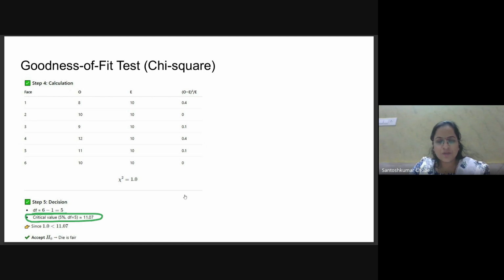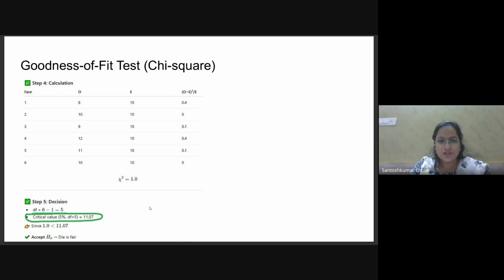Please open the chi-square test table at your end and check what the value is when the degree of freedom is 5 and the significance level is 0.05. What does the value come to? Can anybody answer me?